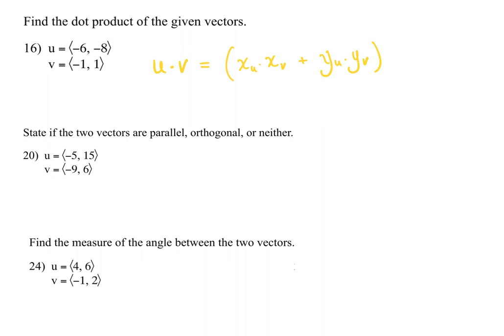It helps to write the words. I'm not going to make you tell me parallel, but I am going to ask orthogonal or not. How do you know if they're orthogonal? If that dot product equals 0, it's orthogonal. If it does not equal 0, it's not. You don't have to worry about parallel.